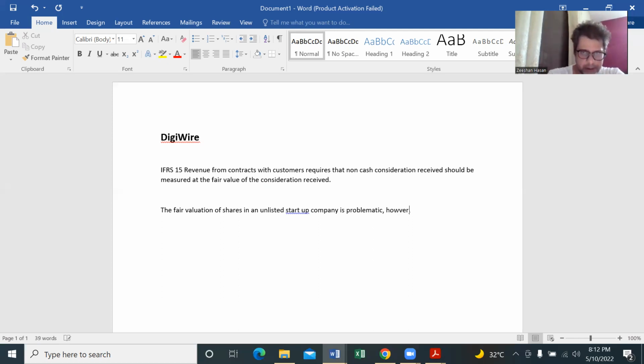However, IFRS 13, Fair Value Measurement, gives advice on how to measure unlisted shares.